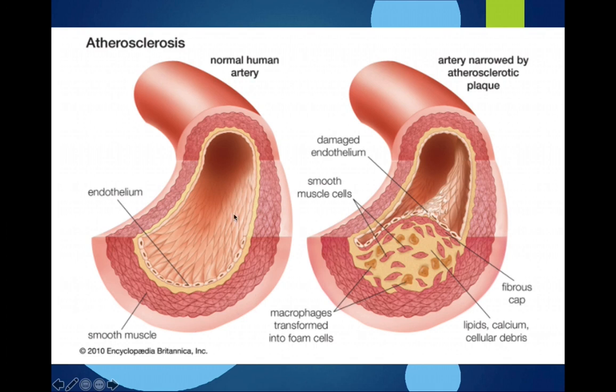All right, so how does this artery become blocked? Look, it's nice and smooth. So what happens is the endothelium in here gets damaged somehow. And we do have cholesterol that gets into the deeper layer, right?